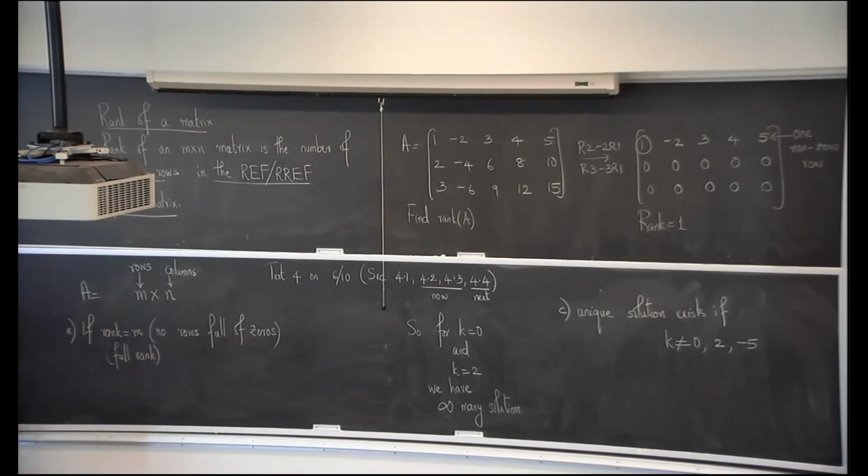What can you say about the system of equations Ax equal to b? Is it consistent or inconsistent, as a guaranteed statement? There are no rows full of zeros, so what do you think about the system? Is it always consistent or is it doubtful?